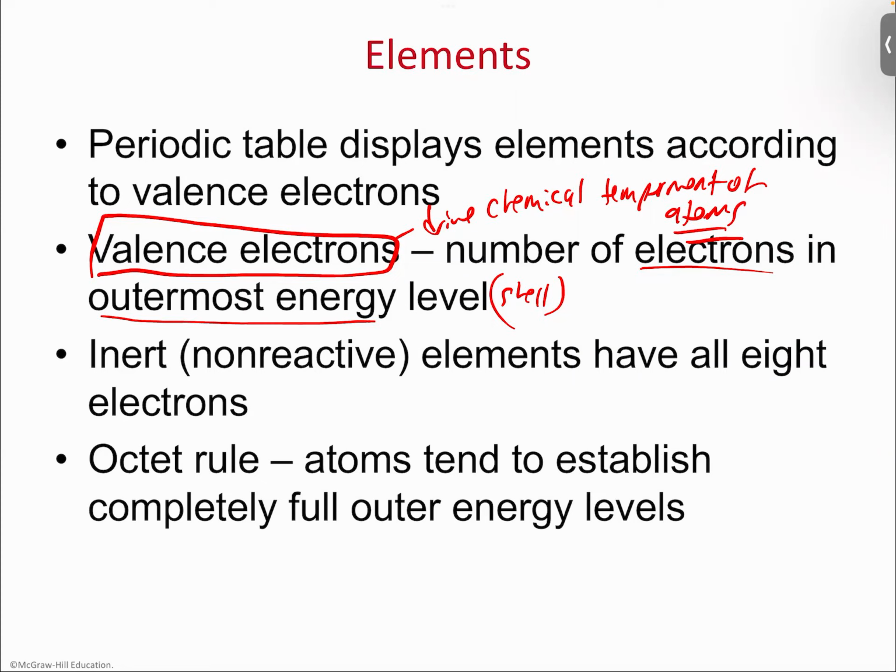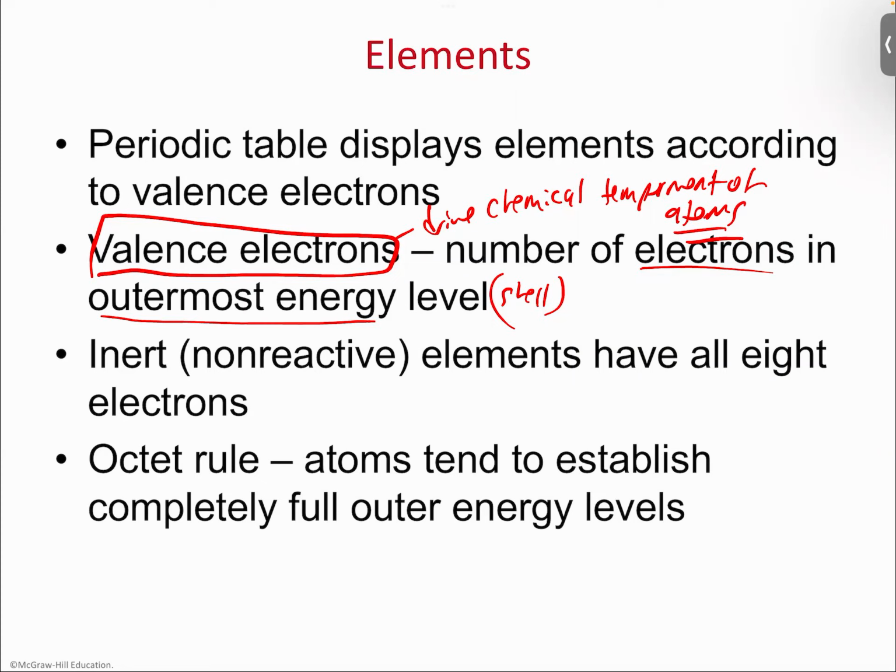The reason it's important to understand that everybody else does not have a full outer shell is because the nature of how you fill that shell is going to determine what? Your chemical temperament and the way that you behave chemically. By the way, if you're trying to build molecules to build a biological organism, this right here all of a sudden has your attention. You said, okay, great, I've got all these different elements.